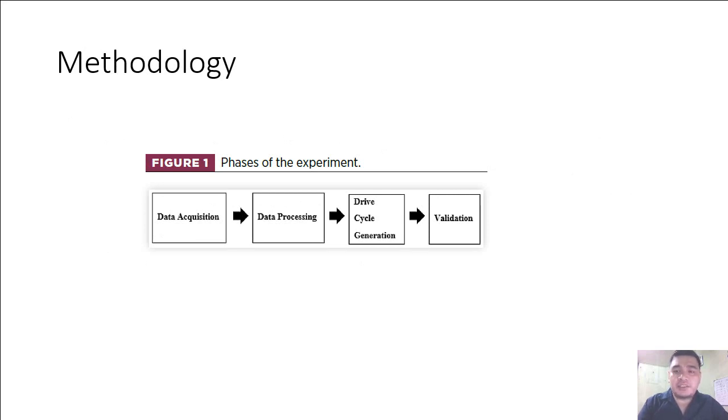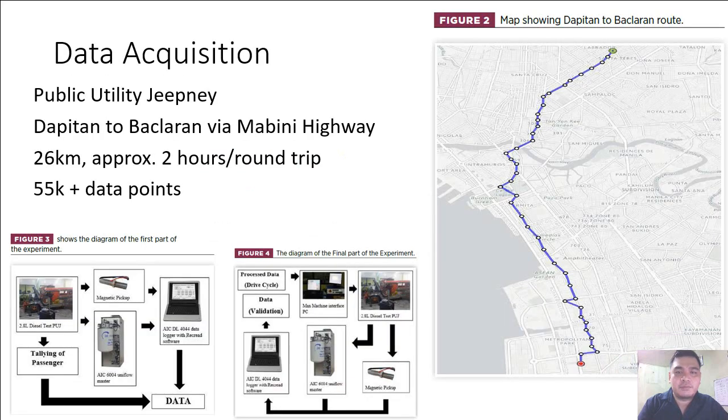The methodology is divided into four phases: data acquisition, data processing, drive cycle generation, and validation. A route of a public utility jeepney shall be identified. In this route, manual tallying of occupancies, boarding, and alighting, and the speed-time profile of the subject vehicle were recorded for the development of this cycle.